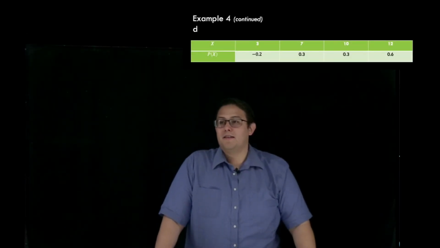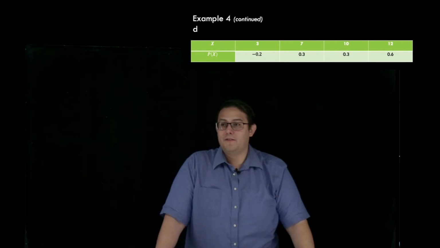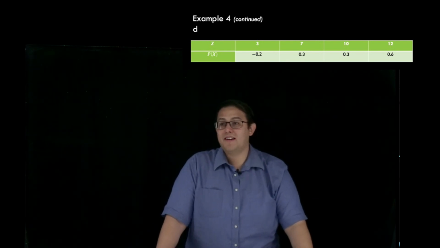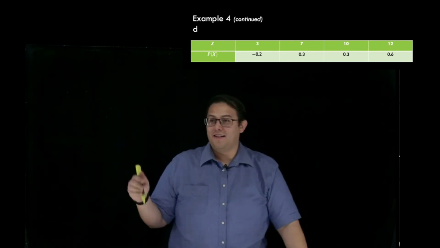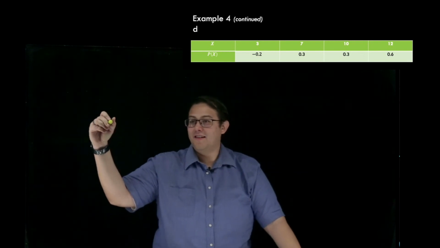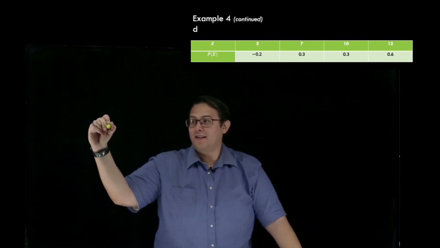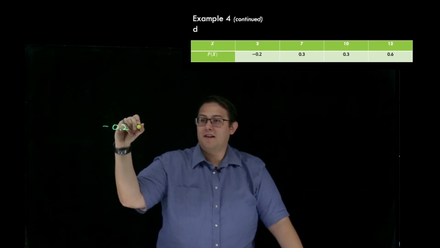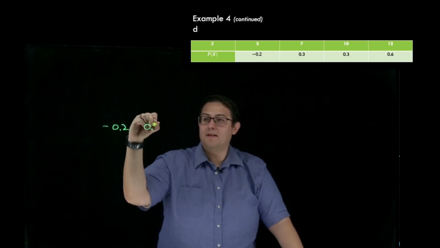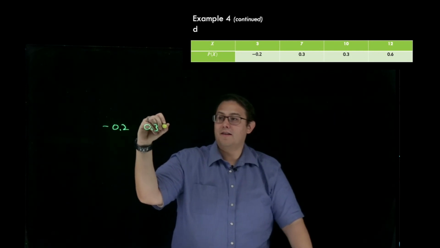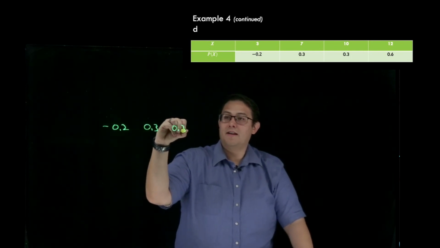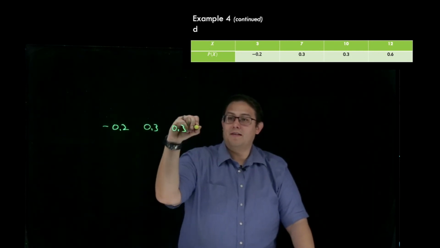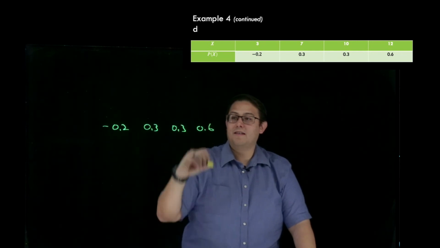Okay, so here's another probability distribution, for example 4D. All right, so probably right off the bat you can see something is odd here. The first probability is negative 0.2, and then our second probability is 0.3. Our third one is also 0.3, and the last probability is 0.6.